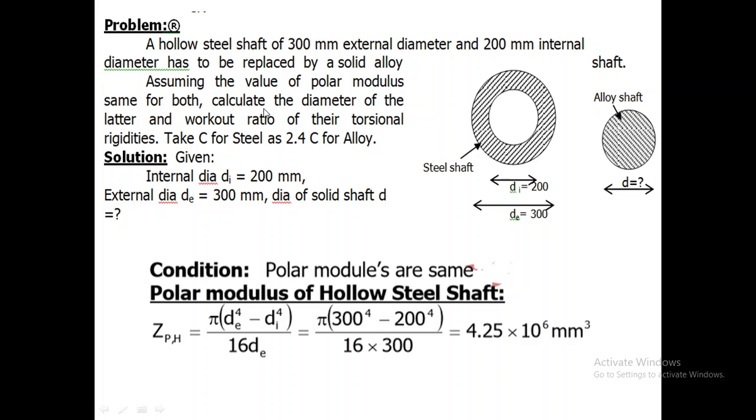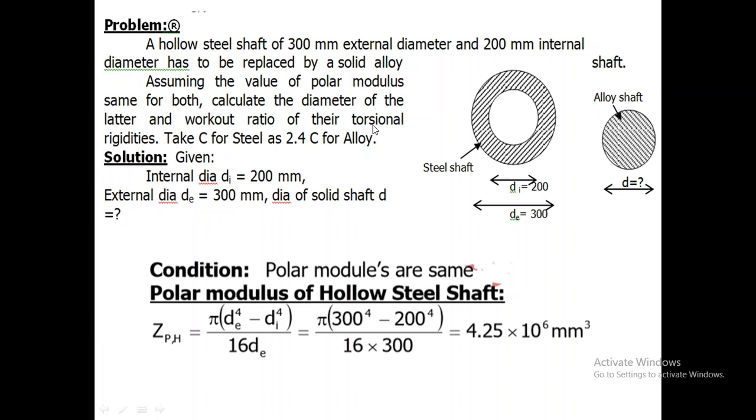Here we have to calculate the diameter of the solid shaft, which is replacing the hollow shaft. And also we have to find the ratio of their torsional rigidities. I told you that G into J is torsional rigidity.